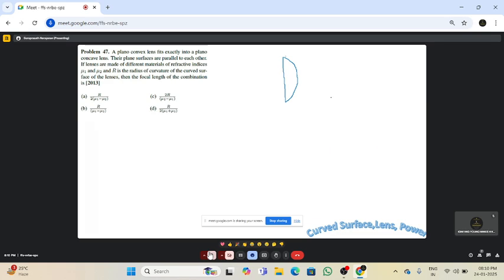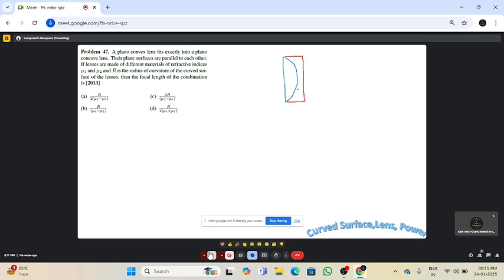I'll draw it in a different color. So this is plano-convex, this is plano-concave. Their plane surfaces are parallel to each other. That's why I have drawn it like this. This blue line and this red line are parallel to each other, plane surfaces.